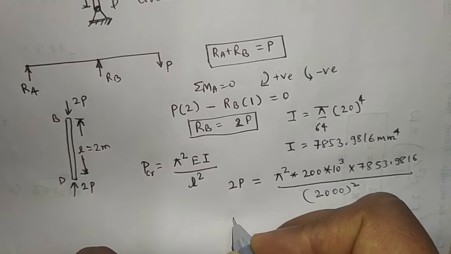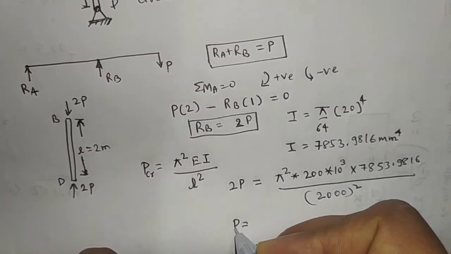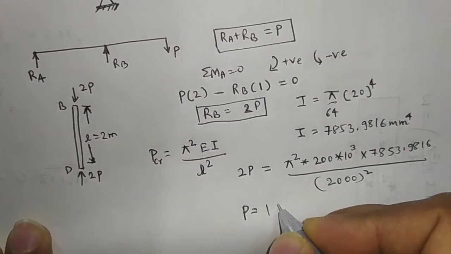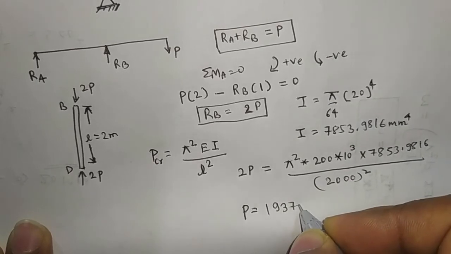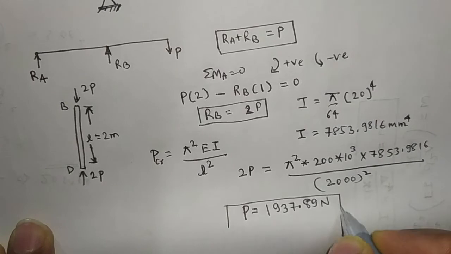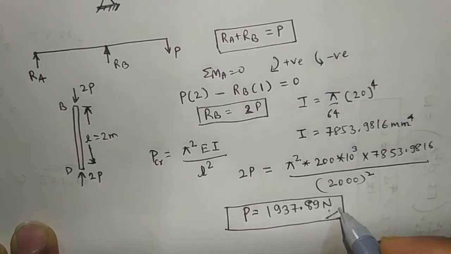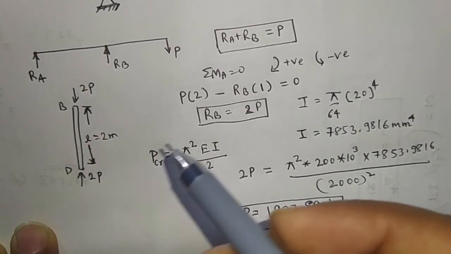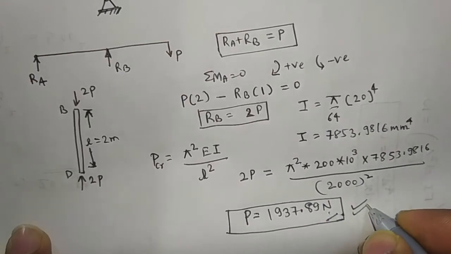So the value of P we can calculate from here, which is equal to 1937.89 Newton. This will be the minimum load at which the column will buckle. So the answer is this.